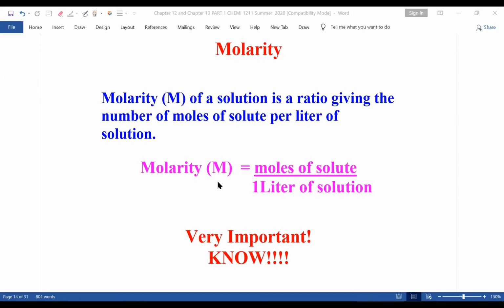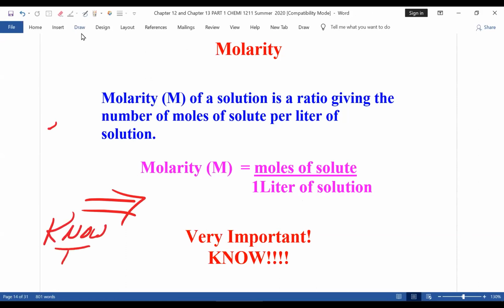By definition, molarity is moles of solute per 1 liter of solution, and it's shown by a capital M. In the past, I used to make the students memorize this. That will be given to you on test number 3.